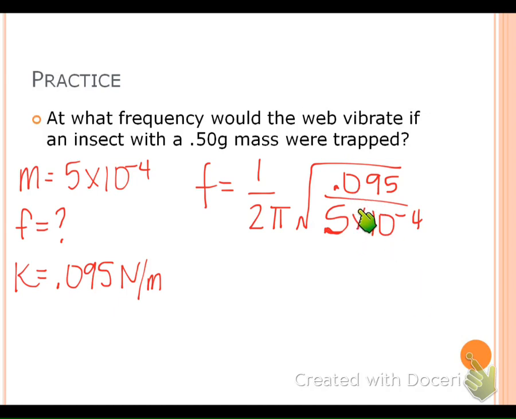So we need to divide this first, then square root it, and then multiply by 1 divided by 2 pi. We have to be careful when we plug this into our calculator, and if you need help doing that, please ask. If we're in frequency here, we got 2.19. Our units should be hertz.